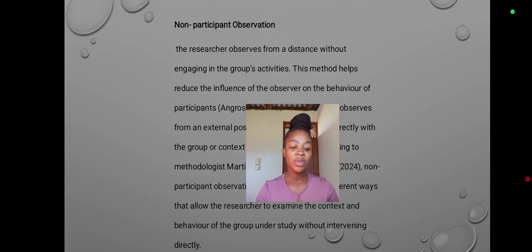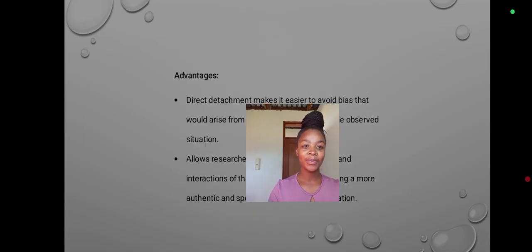The researcher observes from an external position without interacting directly with the group or context under observation. According to methodologists Martinez and Rodriguez, non-participant observation is carried out in two different ways, that allow the researcher to examine the content and behavior of the group under study without intervening directly.